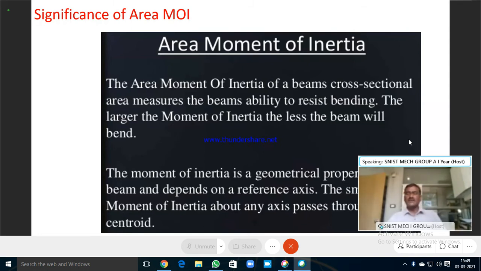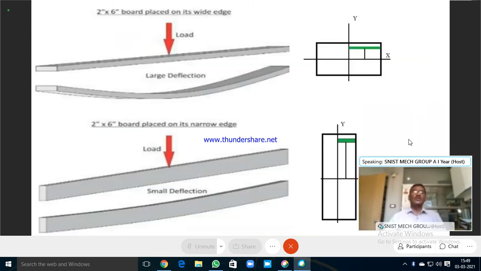Let me show one simple example. You see this 2 inch by 6 inch board placed on its wide edge, and you are using it like a beam, right? The load is acting exactly in the middle of the beam, and you can find large deflections for this orientation.